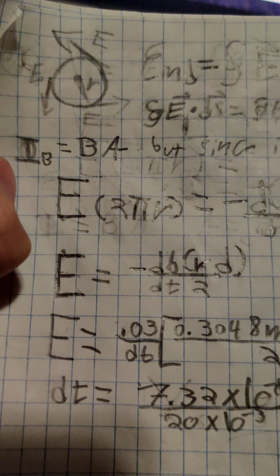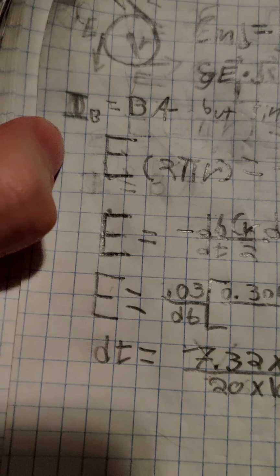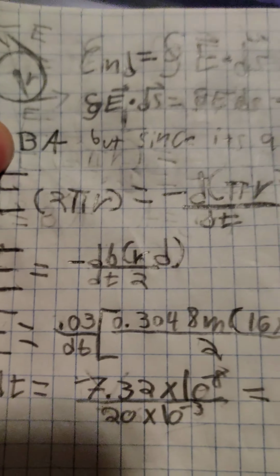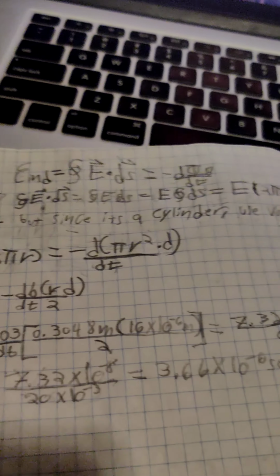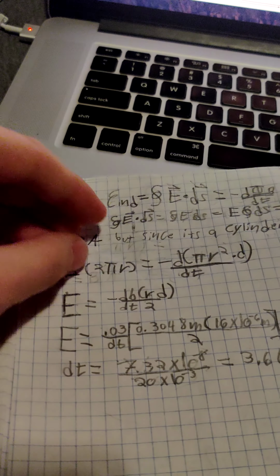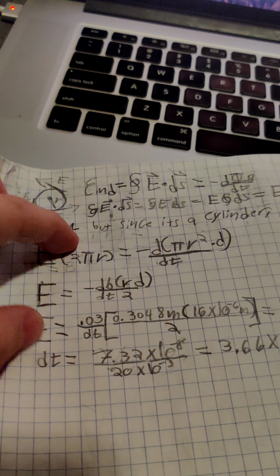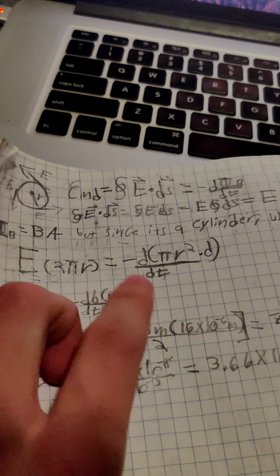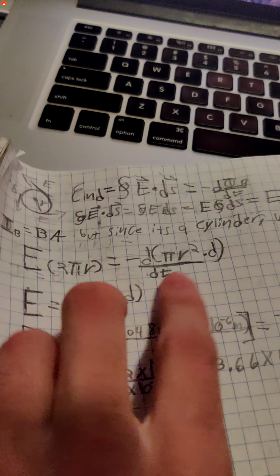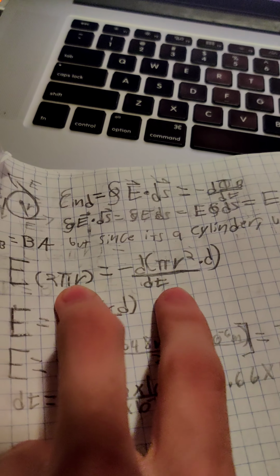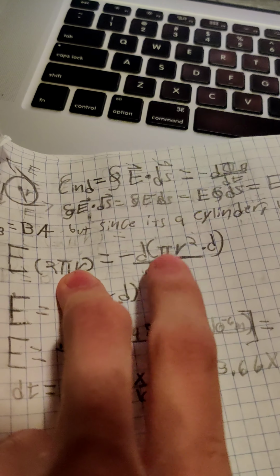And so the magnetic flux right here is equal to the magnetic field times the area, but since it's a cylinder, we'll use volume instead of area, and then we set them again equal to each other with the plugged in values.